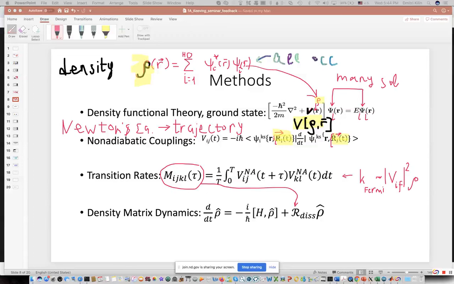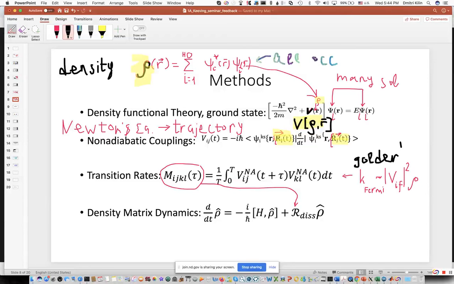And then next we have my transition rates, which is essentially how long it takes for an electron to transition from one orbital to the other. All right, so that integral is how we calculate it. And then lastly, we have my density matrix. Wait, Kevin. Can you please tell how this line number 3 relates to Fermi golden rule?